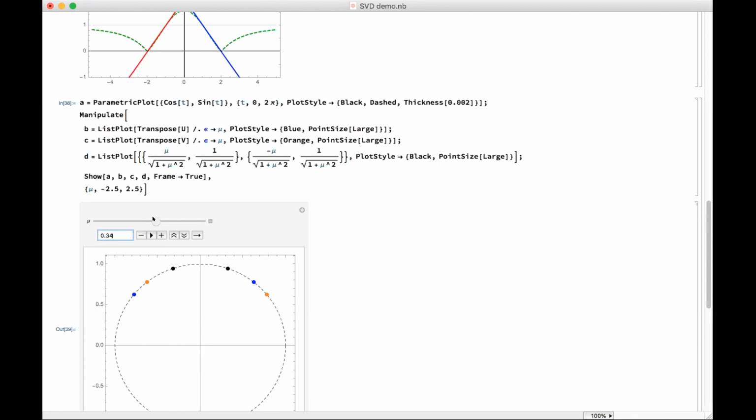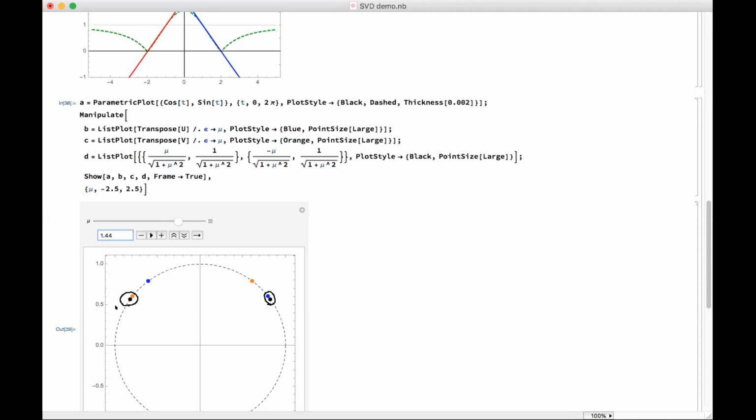And you see that once we approach the point of 1, the singular vectors and the eigenvectors coincide, right? And if we go beyond 1, then the singular vectors and eigenvectors become different again. But one singular vector and one eigenvector here are very close to each other.